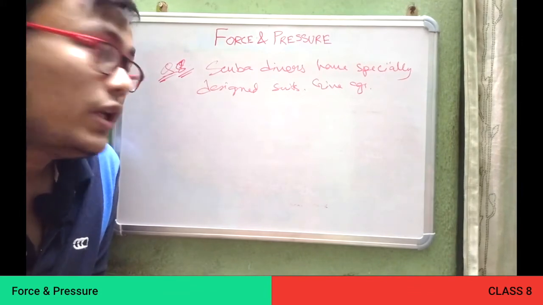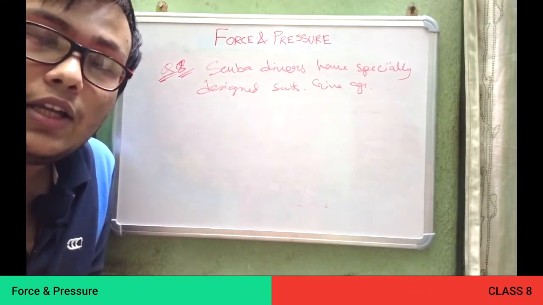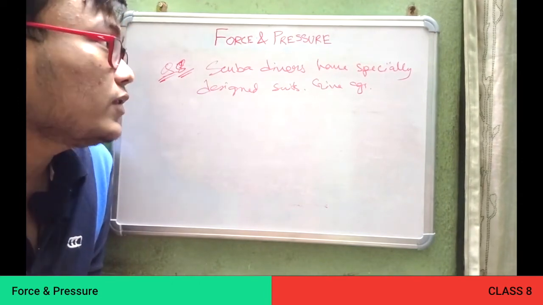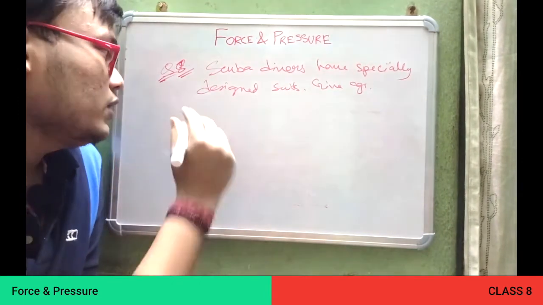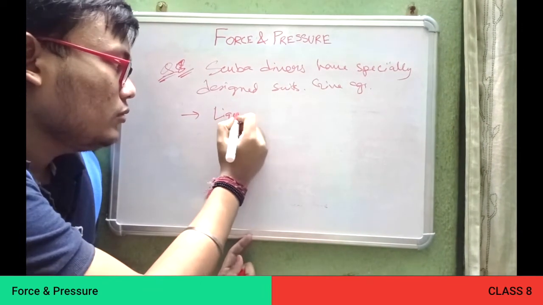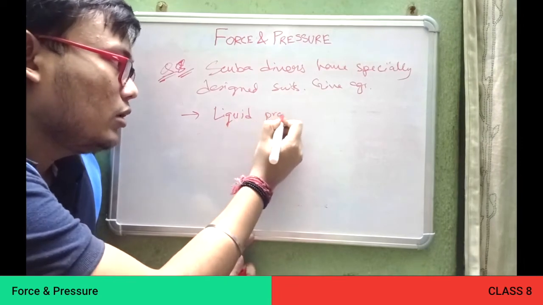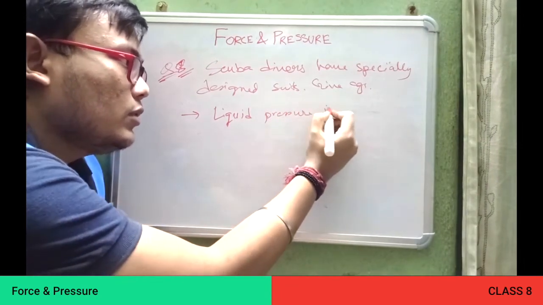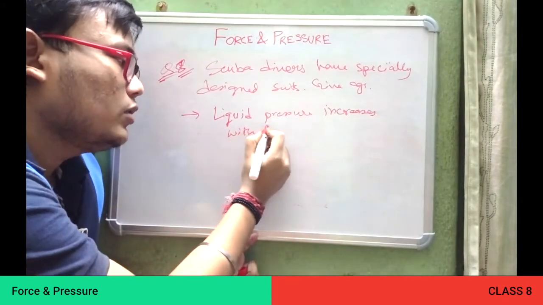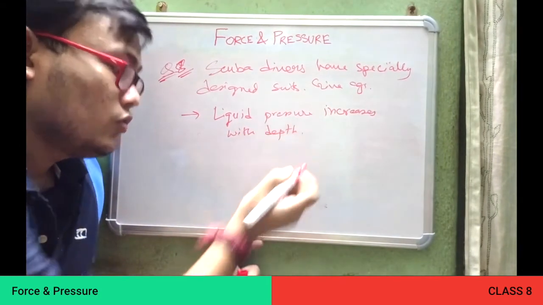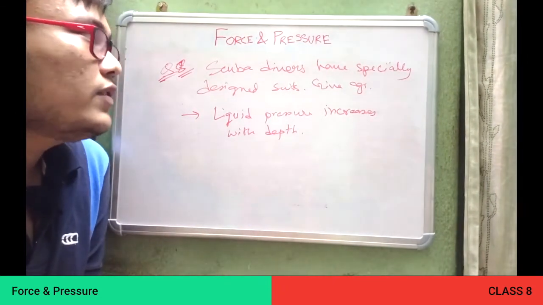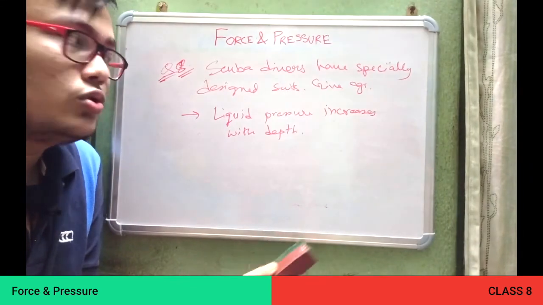So to protect them from that high liquid pressure, scuba divers have to wear specially designed suits. So the answer should be: liquid pressure increases with depth, so to counteract that liquid pressure, scuba divers have to wear specially designed suits.